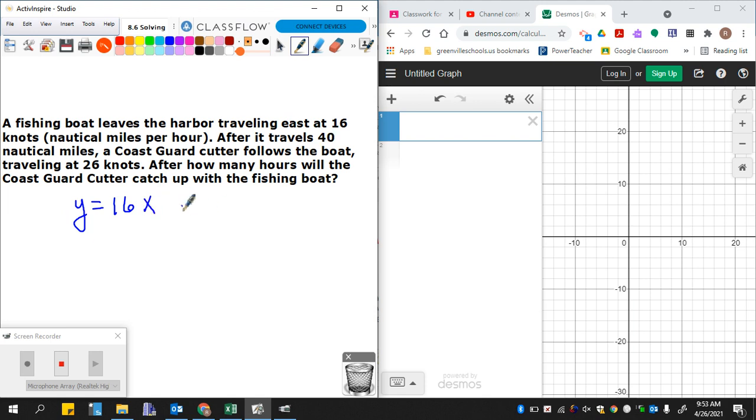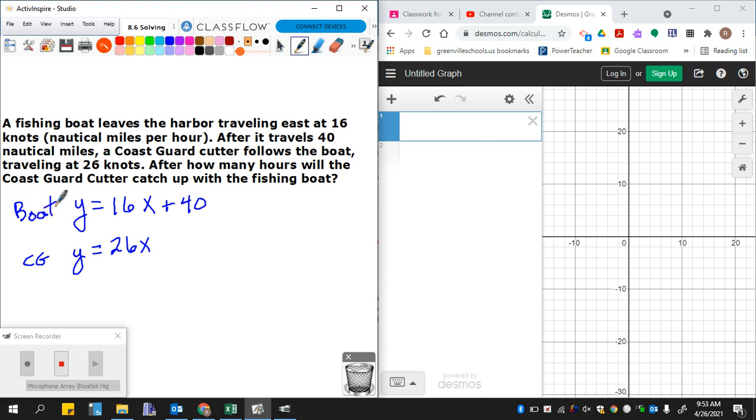And we're going to say it travels 40 miles. It gets a 40-mile head start. So after it travels 40 miles, the Coast Guard follows the boat. It just says y is equal to 26x. And we want to know when the Coast Guard catches the boat.